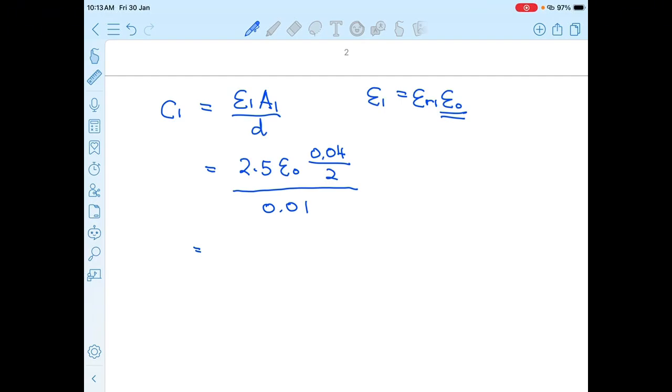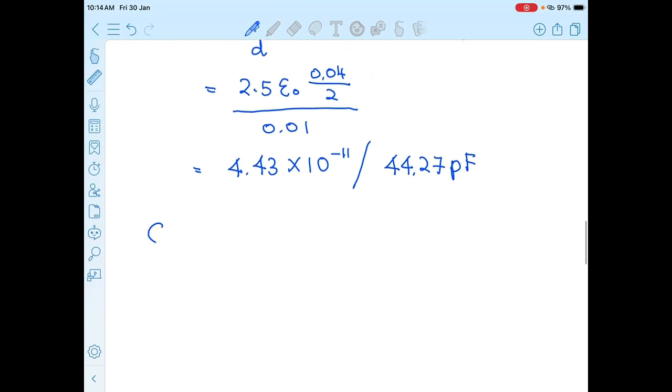The answer is 4.43 times 10 to the power negative 11, or you can write it as 44.27 picofarad. So this is C1. We move on to C2. It's easy.